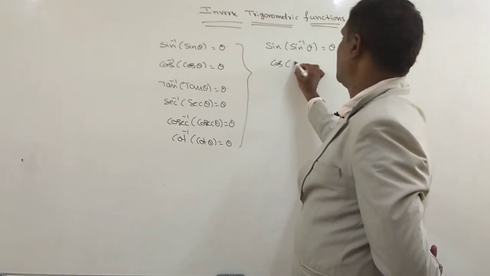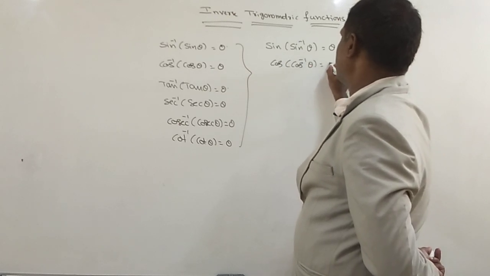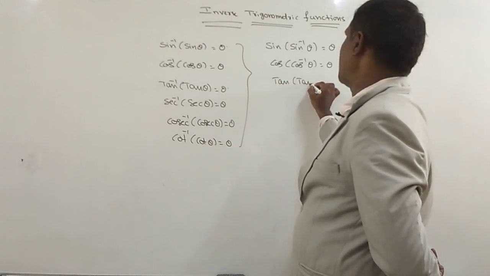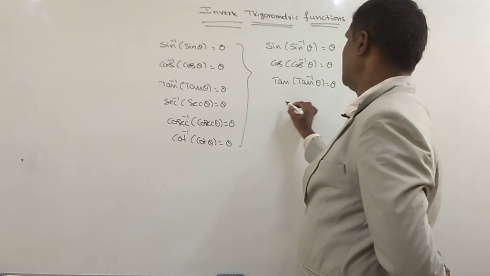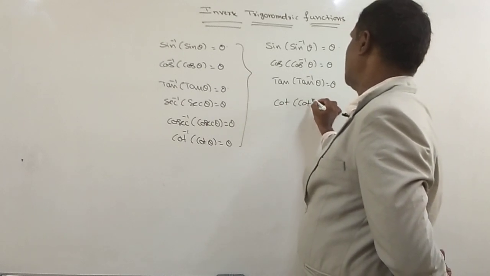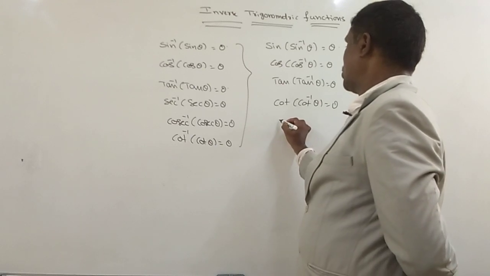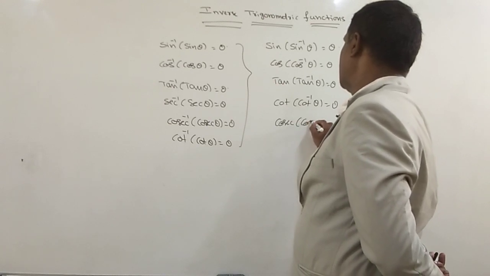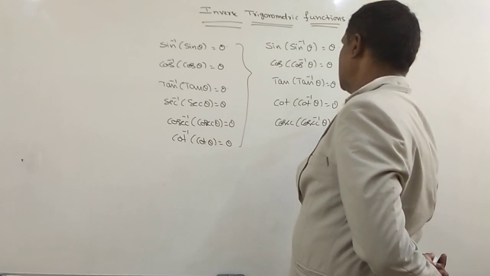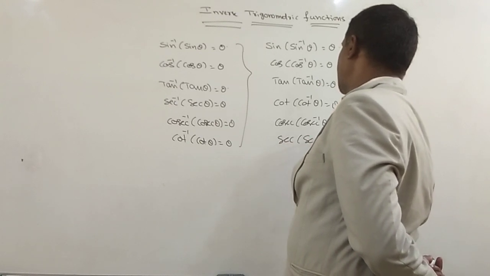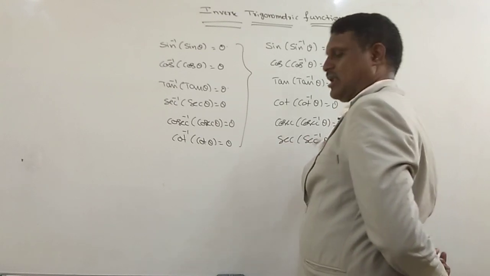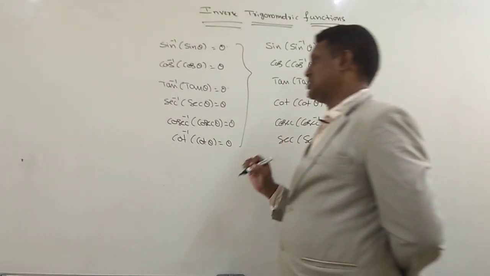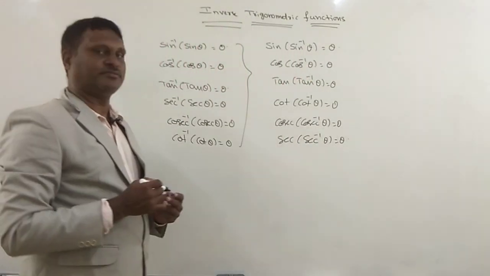Cos of cos inverse theta, tan of tan inverse theta, cot of cot inverse theta, cosecant of cosecant inverse theta, and secant of secant inverse theta are also equal to theta. This all exists only when the function is bijective, so under some restriction. Students, take down whatever I have written.